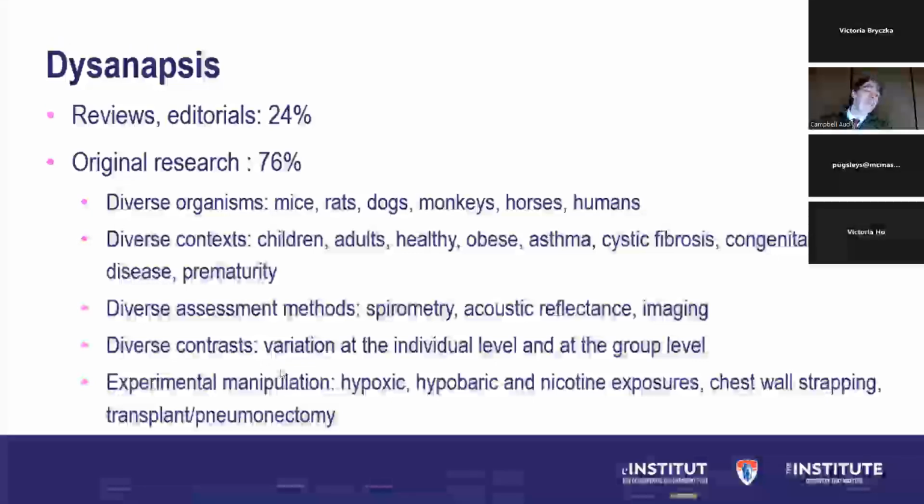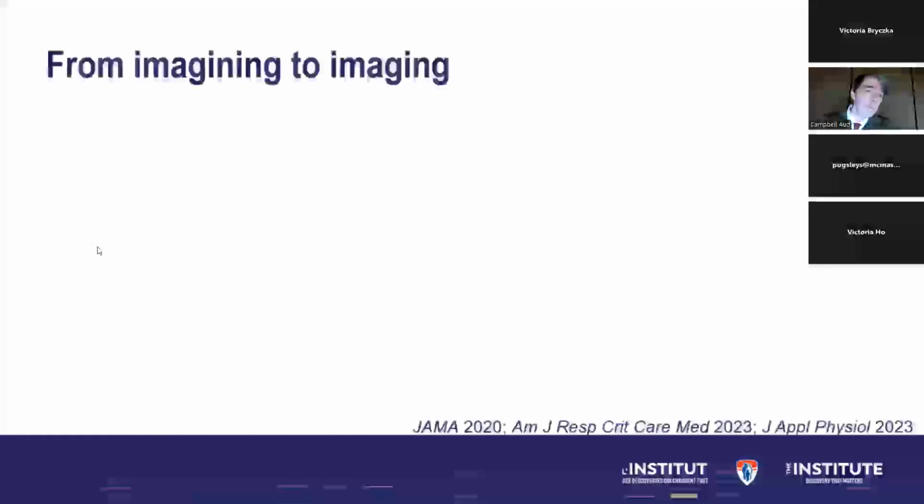And lastly, there's even been some experimental studies, which I think is quite interesting, where people have varied levels of oxygen and carbon dioxide exposures to see how the lung grows and whether there is dysanapsis evident and whether it can actually be perturbed in adulthood.